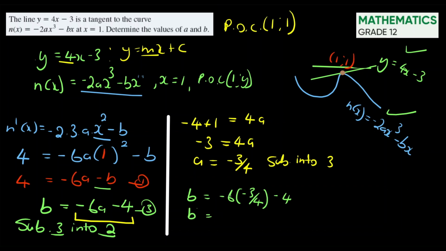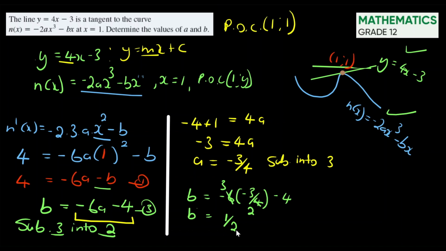This will give us 18 over 4, which is 9 over 2, then we can reduce to 3 over 2 minus 1 to give us 1 over 2. And that's really a quick way of how to solve this.